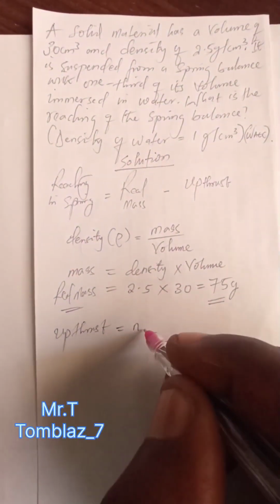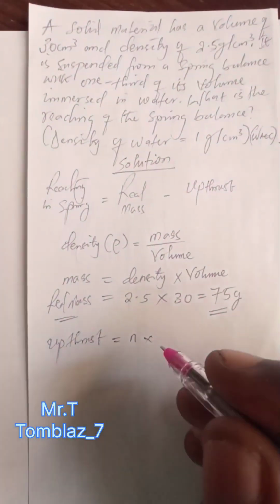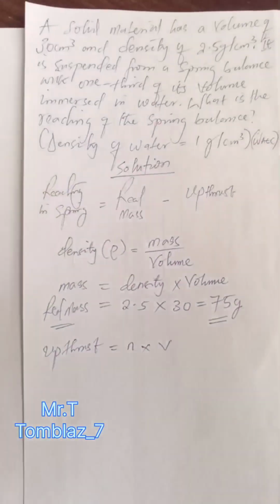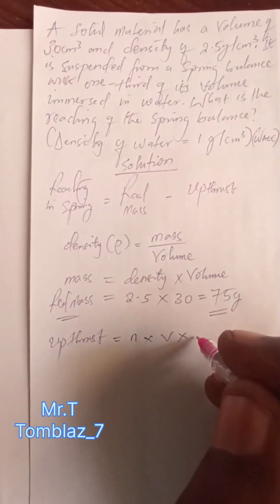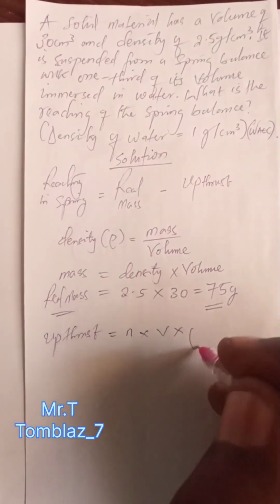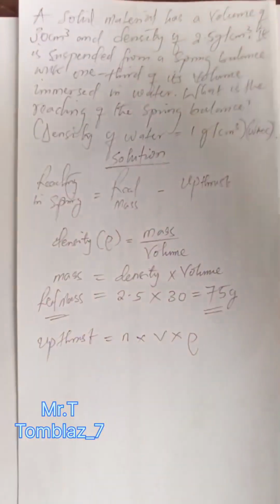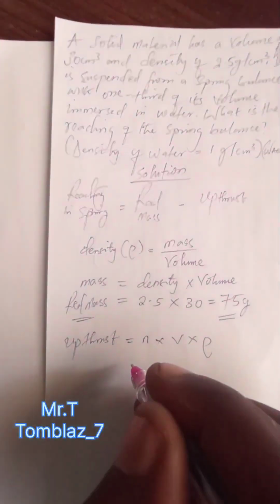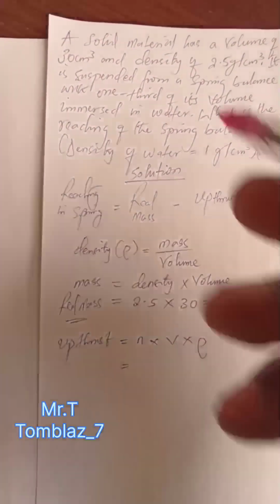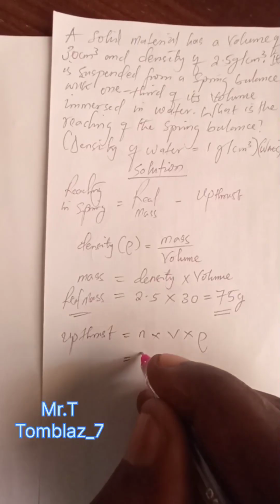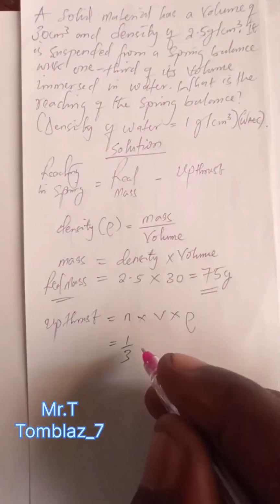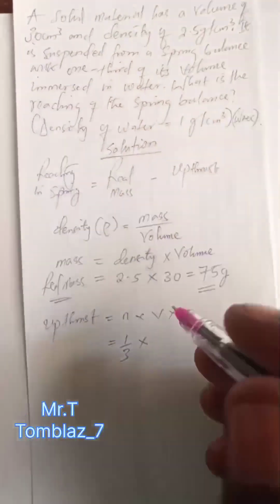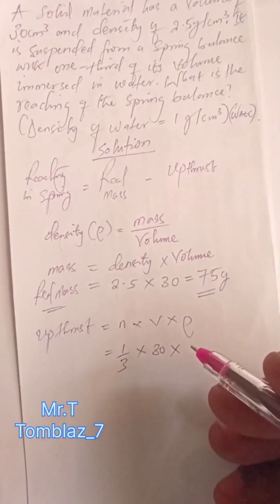So if you have n representing that, times the volume in which that object is immersed, times the density of that water in which it is immersed. So this n now is 1/3, that is the level at which it is immersed. 1/3 times the volume, which is 30, times the density.